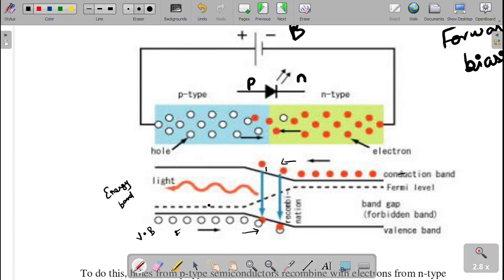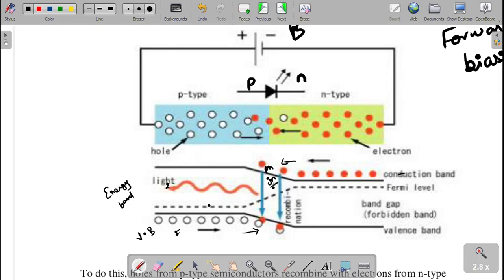So here the electron directly recombines with the hole and then it produces the light.